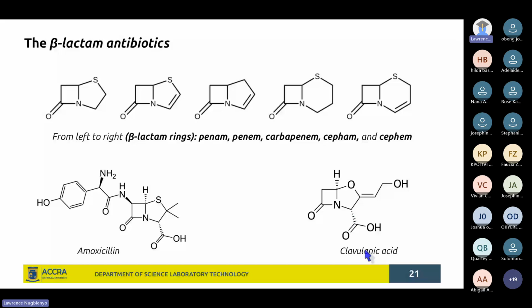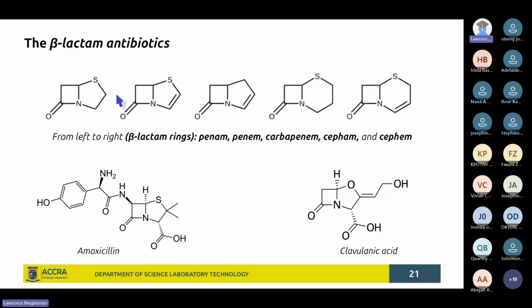And so what's the ring? How will you classify the ring in amoxicillin, for instance? If you look at the ring in amoxicillin, that will be the very first ring there, the penam ring. Now about clavulanic acid. I said these rings are not exhaustive, and you could see that even the ring in clavulanic acid, you don't find it as one of the examples up there.